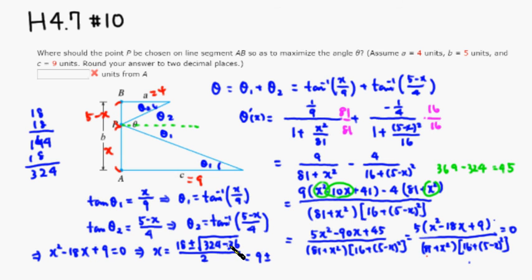What's this one? 324 minus 36 is 288. So it's the square root of 288.